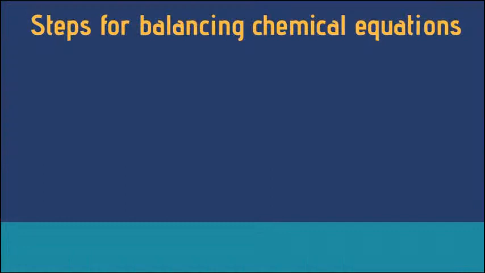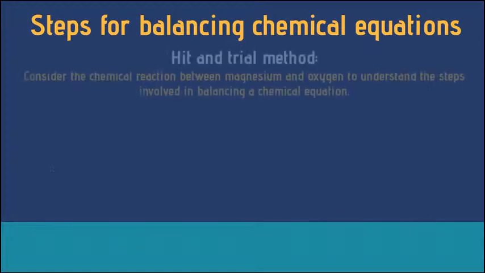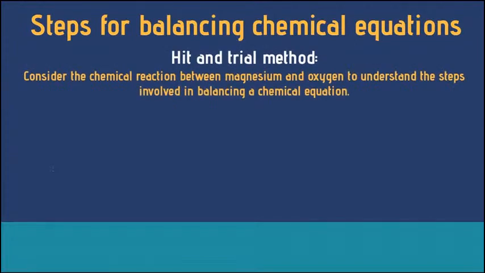Okay, so now we have come to the steps for balancing chemical equations. This part is really important, so concentrate more on this bit. There are many methods to balance chemical equations, but in our NCERT textbook, we have a simple method, that is the hit and trial method. This might seem a little complex to you, but it's very simple.